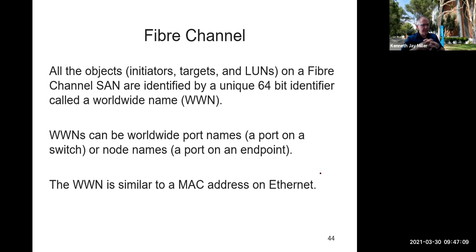Now, WWNs can be worldwide port names, which is a port on a switch, or a node name, which is a port on an endpoint. So this is similar to the MAC address on Ethernet. And we know with our MAC addresses, the first 32 bits are the organizational unique identifier, the OUI, and then the last is the manufacturer's unique number.